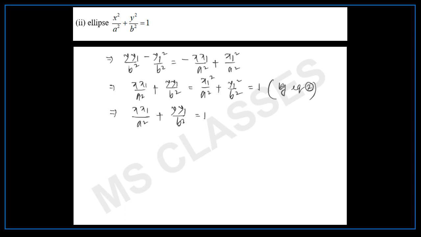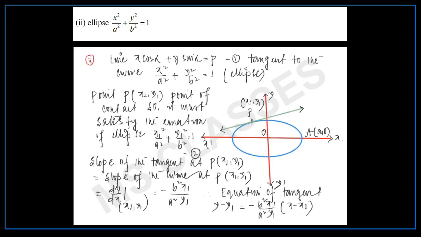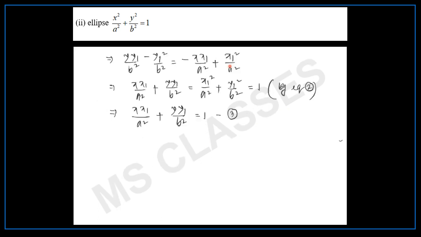Now this equation and the equation of the tangent given should be identical. That is 1 and 3 should be identical. So equation 1 and 3 should be identical.